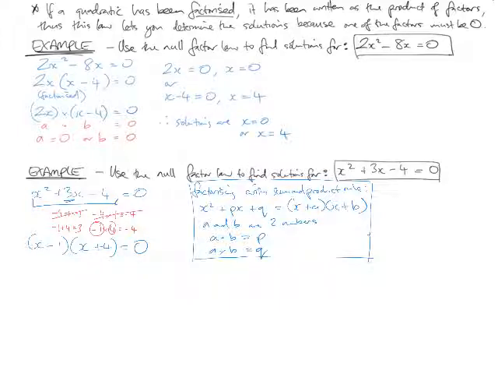So I factorized that left hand side. Alright, so now I've got the factors here. A times by b is equal to 0.